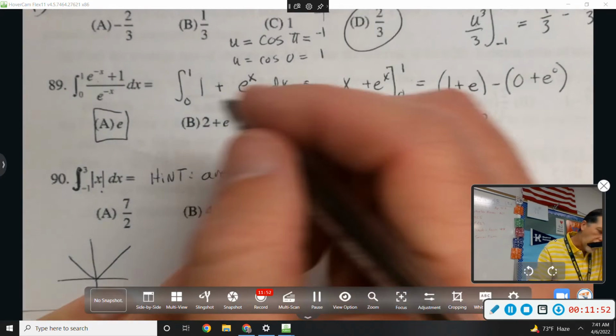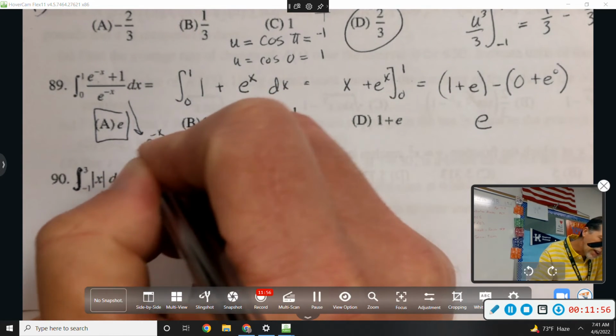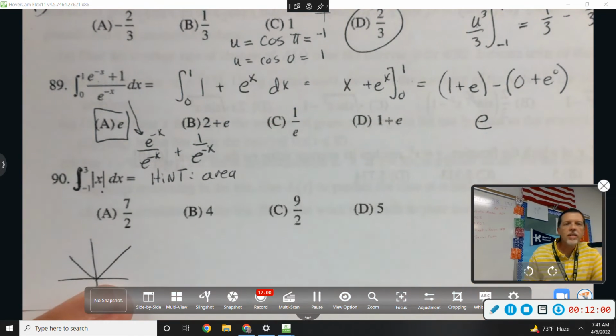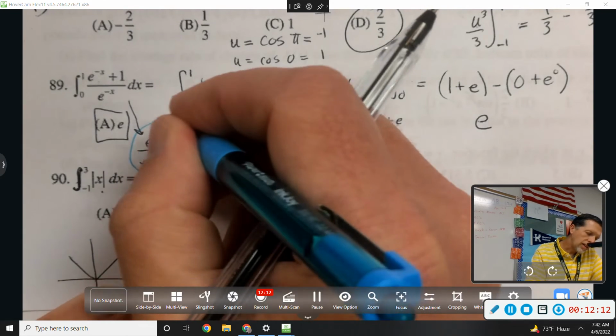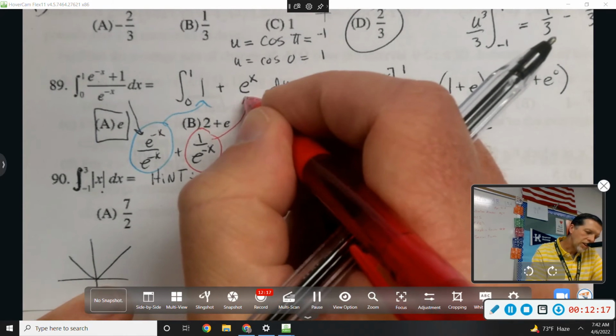So I guess first I should show this step. E to the negative x over e to the negative x plus 1 over e to the negative x. Right? They have a common denominator, so I'm going to put that denominator under both of them. And that turns into 1. And that turns into e to the x.